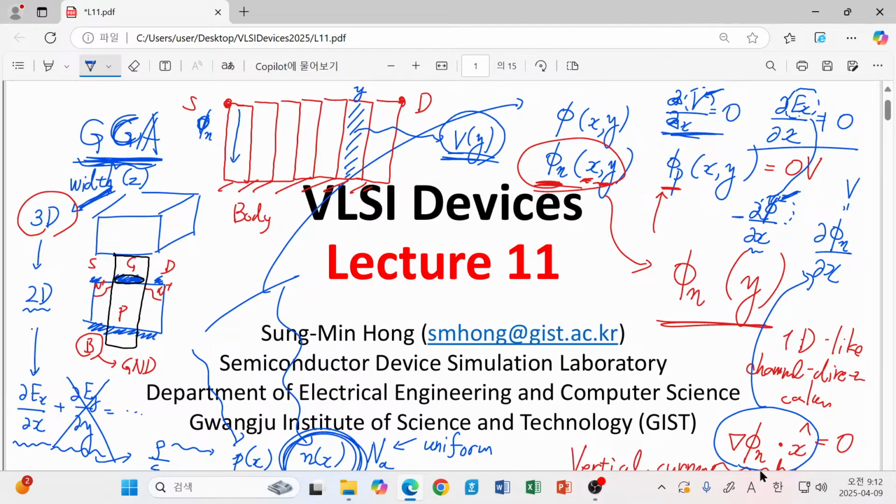Although we allow electric field, x-directional electric field, or sometimes change of electric field, that doesn't matter. That is not directly related to the current conduction. Please think about your p-n junction. In your p-n junction, you have quite strong built-in electric field, and electric field varies quite rapidly inside your system.